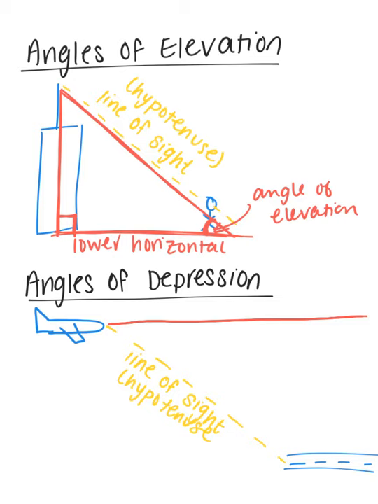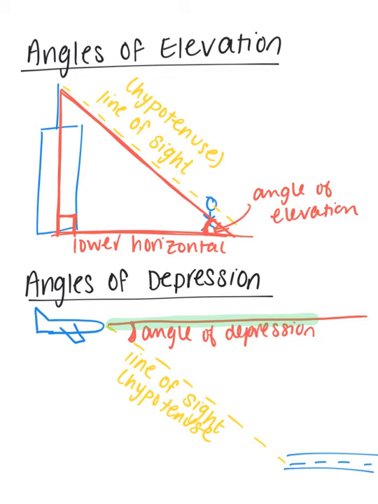So we've got our horizontal line up here. Okay, so now this would be our angle of depression. Okay, so depending on how you're going to draw this triangle, your angle of depression could be in this triangle that's on the right. And let me try to highlight this over here so you guys can kind of see what I'm talking about.